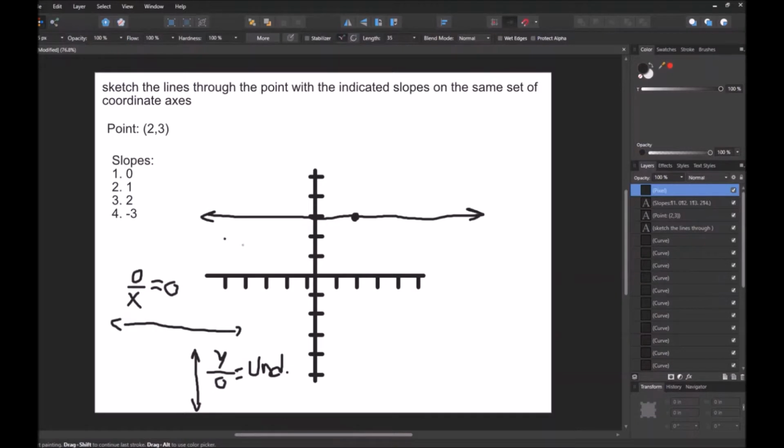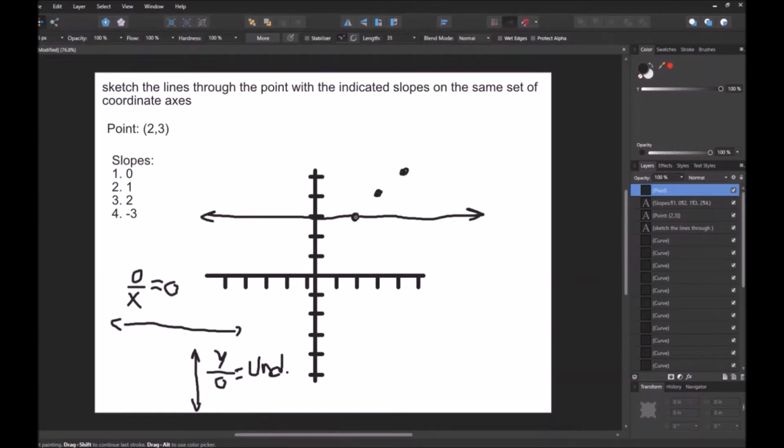So then for a slope of 1, that means the ratio between the y and the x is a positive 1, meaning that every time we go to the right on the x-axis by 1, we're also going to go up on the y-axis by 1 to maintain that 1-to-1 ratio. So we're going to go over 1, up 1, over 1, up 1, just like that.